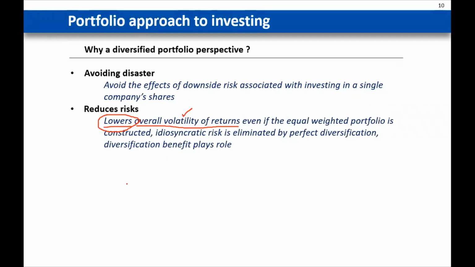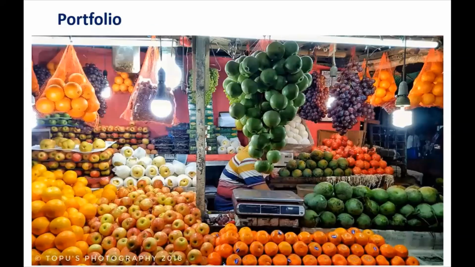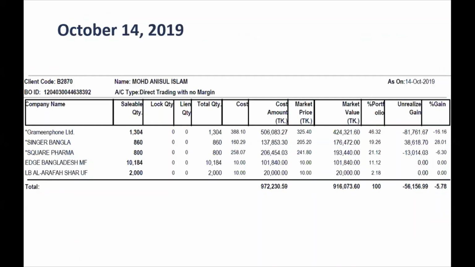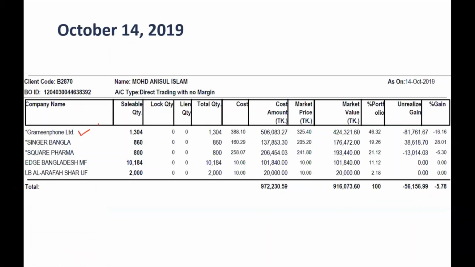And if you look at the previous slide, if all of my investment is in Grameenphone, are you seeing my slide?